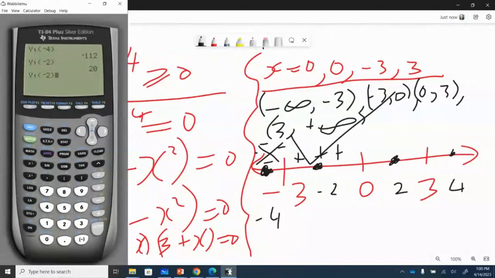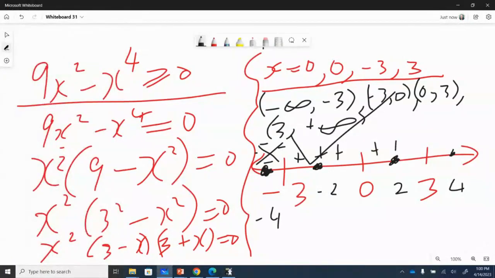And the next test point is 2, so I will get in there and change that, enter. This test point is positive again, so this is also a solution region. So we found 2 solution regions, pass the test.